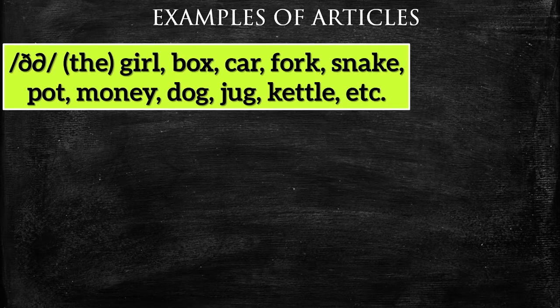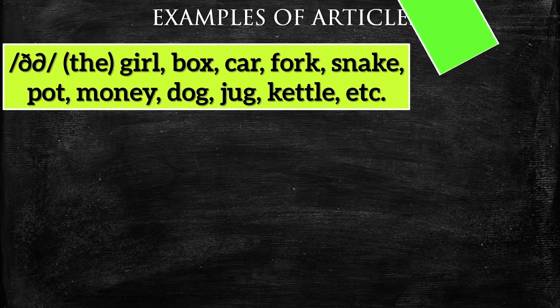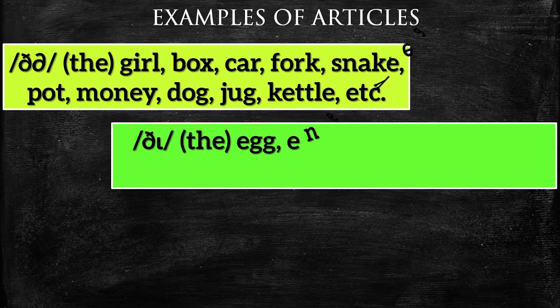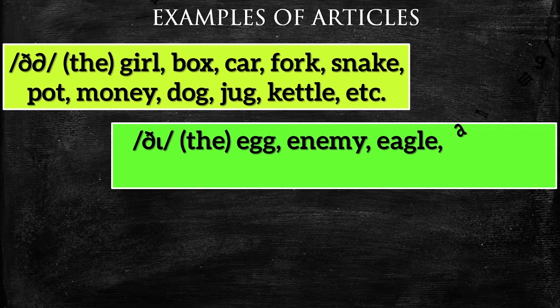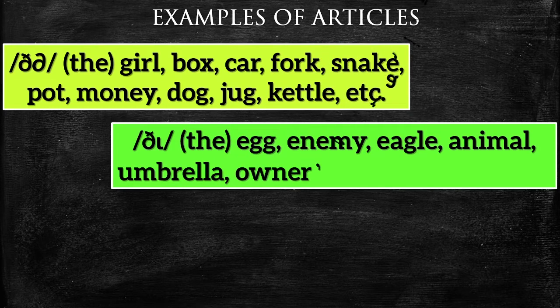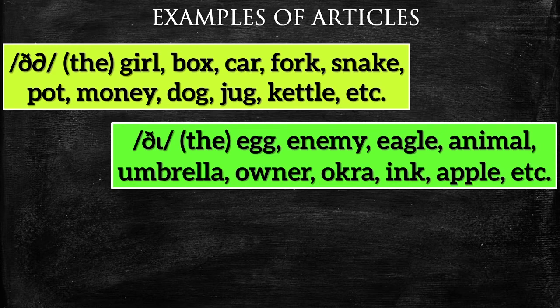Now, you pronounce the definite article the as "thuh" when it precedes a consonant sound. But when it precedes a vowel sound, it is pronounced as "thee". For instance, the egg, the enemy, the eagle, the animal, the umbrella, the owner, the okra, the ink, the apple, and so on and so forth.